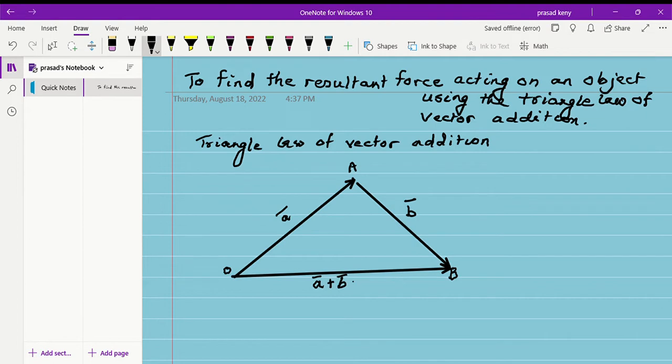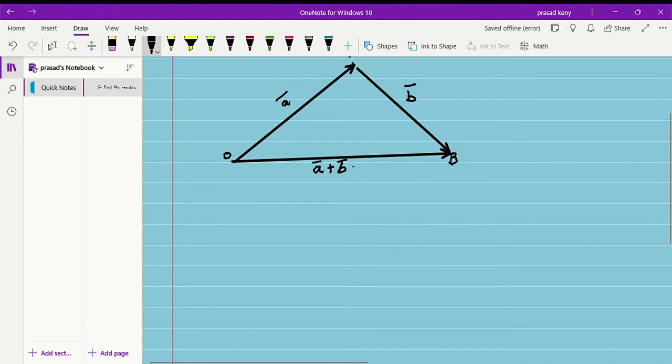That means to apply the triangle law of vector addition, the second vector has to be drawn from the terminal point of the first vector. Then the third side of the triangle, which starts from the initial point of the first vector and ends on the terminal point of the second vector, will represent the sum of the two vectors.